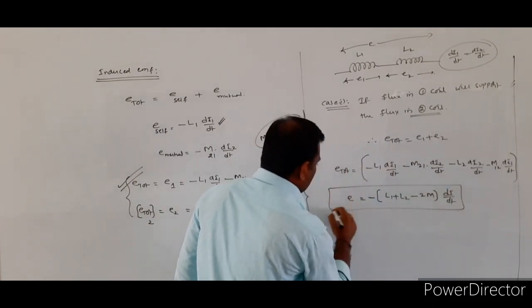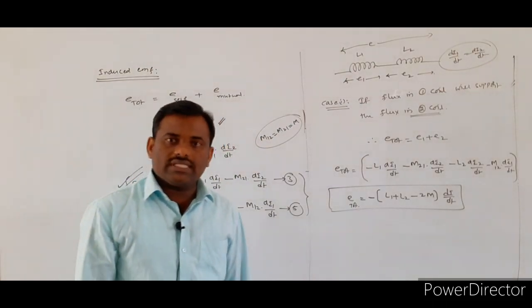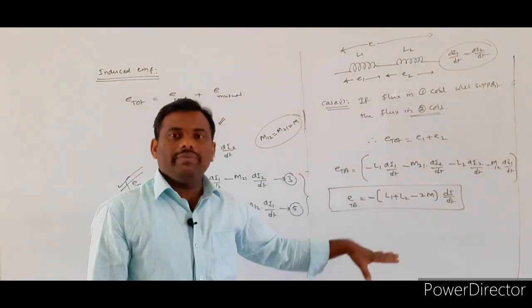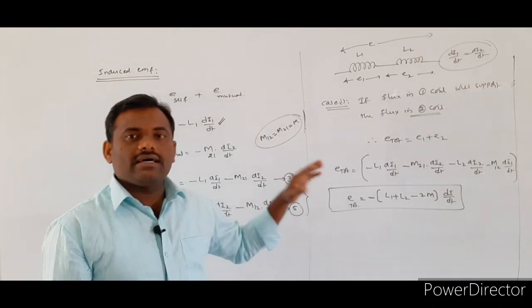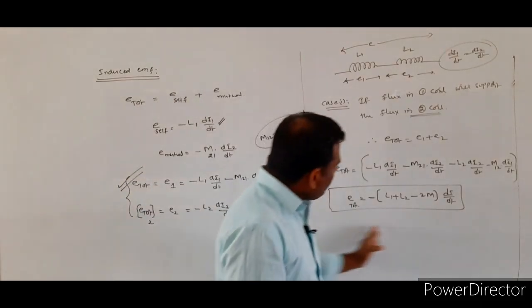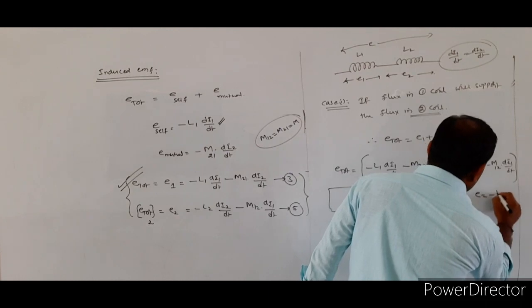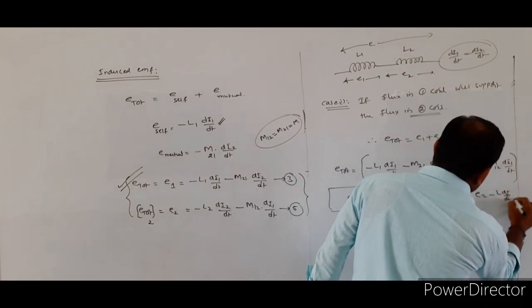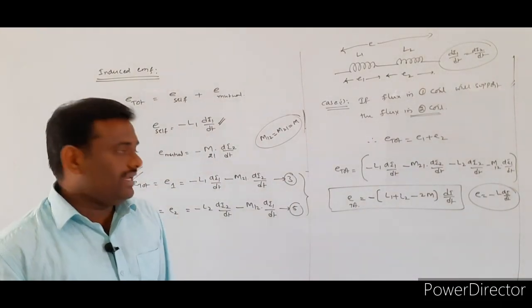So this is the total induced EMF whenever the coils are in series combination and their fluxes support each other. Again, the equation is in the form E is equal to minus L into dI by dt.